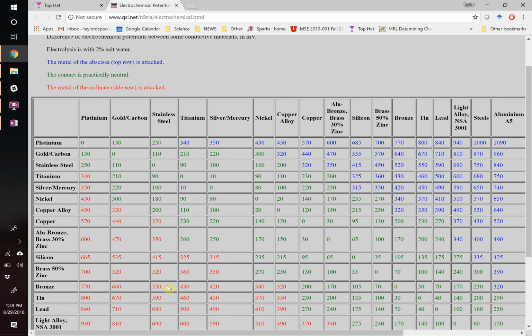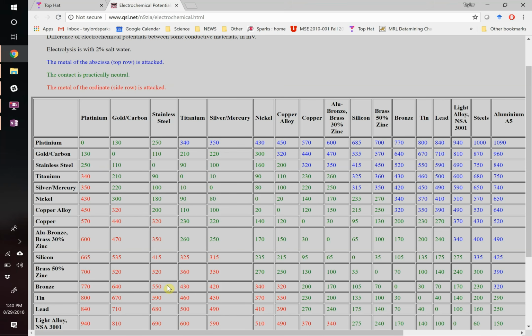So anybody ever heard of a sacrificial anode before? Anybody replaced a water heater in your home? Anybody own a home? If not, there's something to look forward to. Replacing water heaters, right? Water heaters have a sacrificial anode on them, which is a material which intentionally is connected electrically to the rest of your big tank.